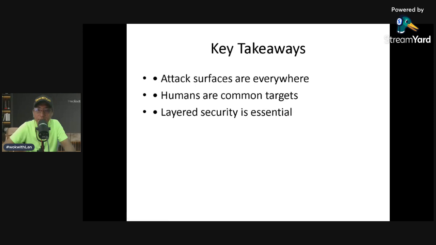Okay, to summarize, my dear subscribers and friends, attack surfaces are pervasive. It means to say it is everywhere. That's why we should be able to guard these attack surfaces.